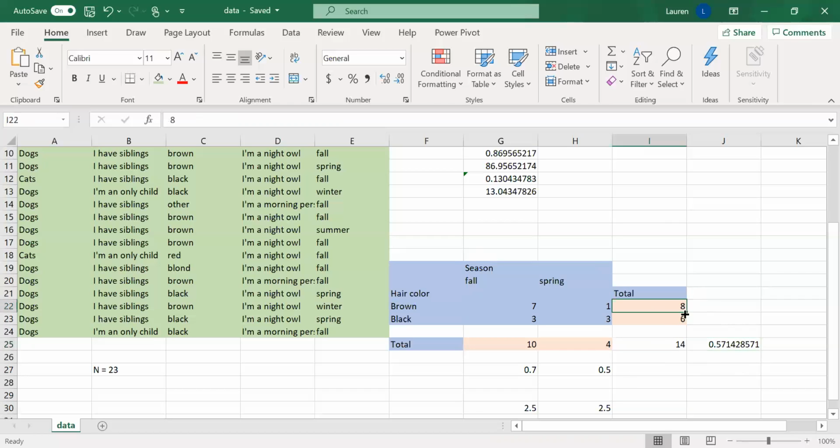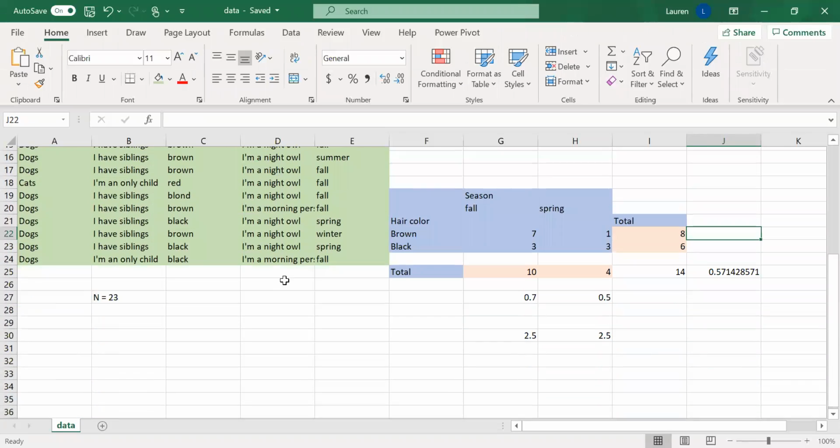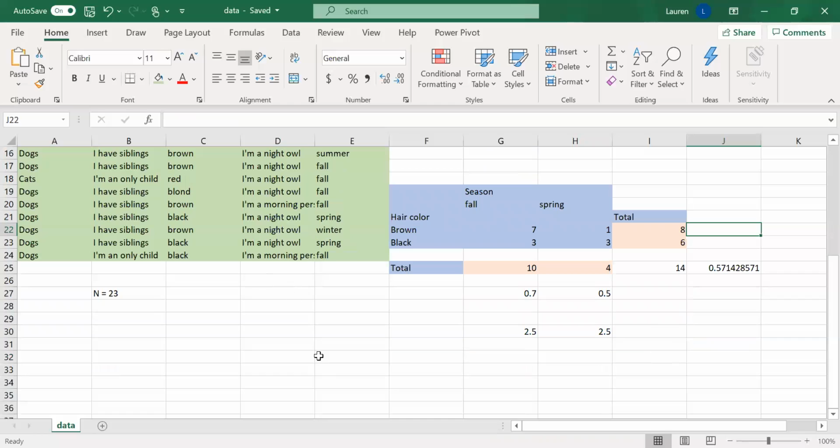So that would be 8 people who had brown hair total, regardless of preference for season, out of our 14 total participants presented in this table. So that would give us a proportion of 0.57 or 57% of these 14 people had brown hair. And so that was the summary of what we looked at in our meeting.